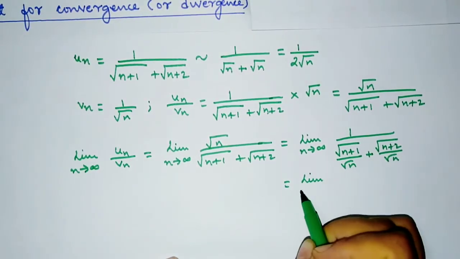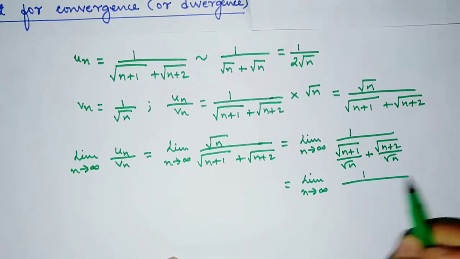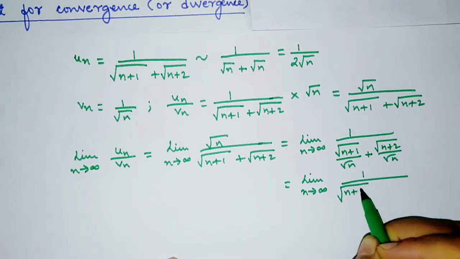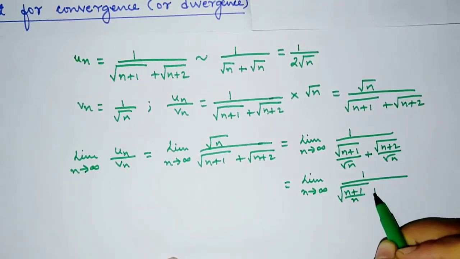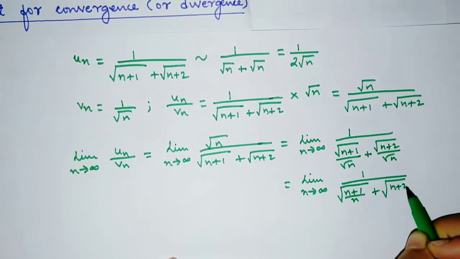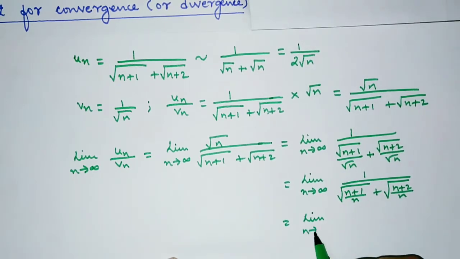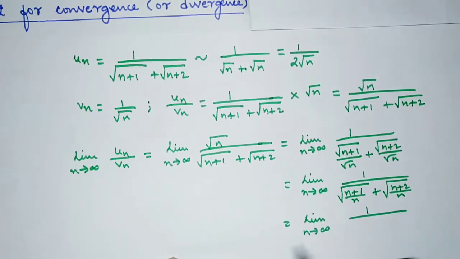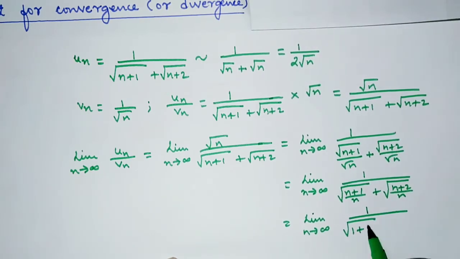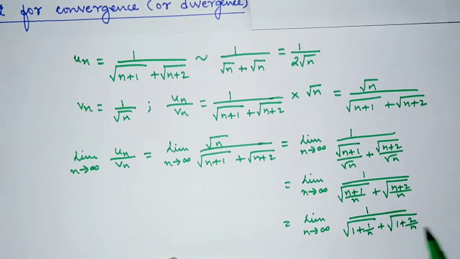This we can write as n plus 1 by n, which means the same thing because of the square root, and n plus 2 by n. So this is 1 upon, here we get 1 plus 1 upon n, and here 1 plus 2 upon n.